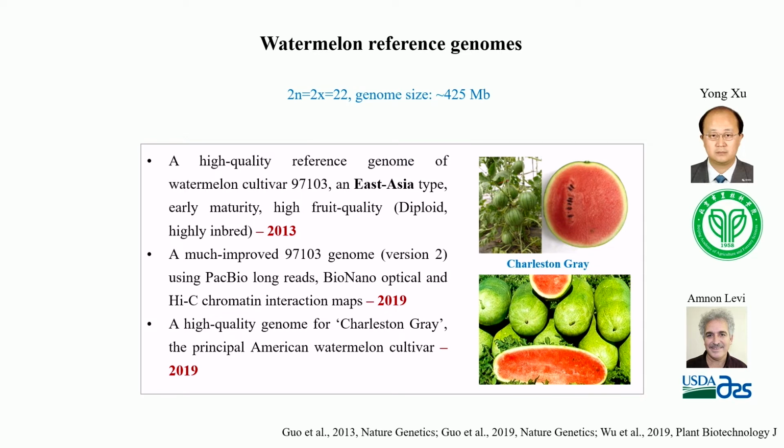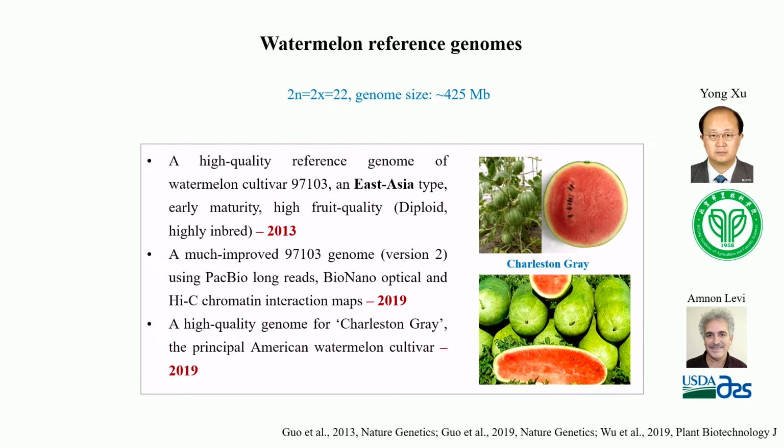In 2013, we published the first watermelon reference genome, but it was sequenced using short-read technology, the Illumina technology. Then in 2019, we used long-read technology to improve the reference genome.